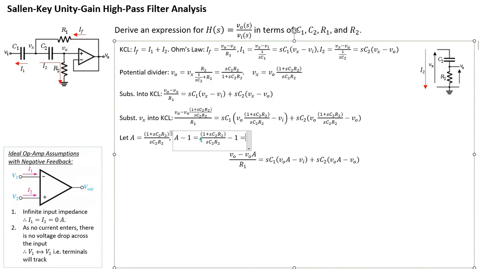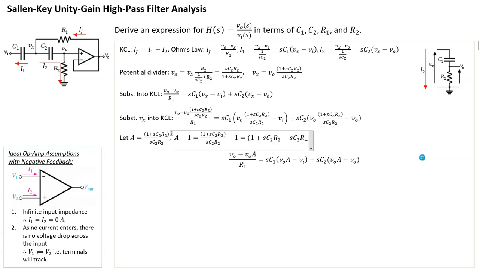I'm multiplying SC2R2 across to the 1, so in the numerator I get 1 plus SC2R2 minus SC2R2, all over SC2R2.